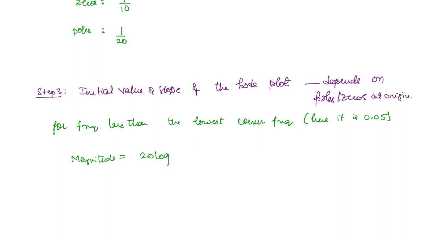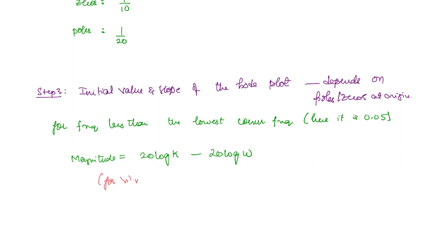For frequencies less than the lowest corner frequency, the magnitude is given by 20 log k, which is the magnitude because of the constant term, minus 20 log omega. This is for one pole at origin. Okay. But in general, if you want to write for n number of poles at origin, then what will it be?